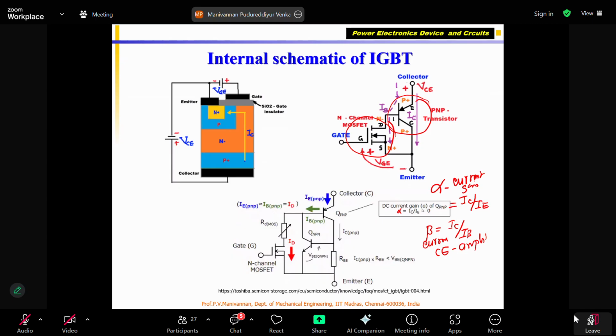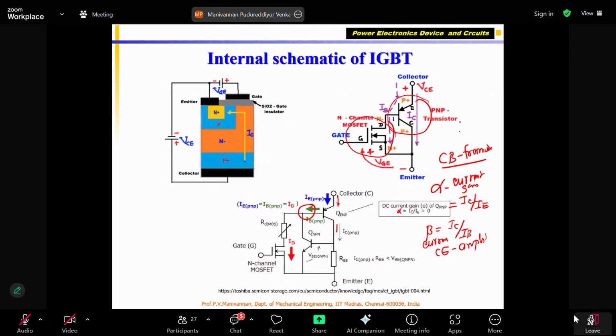So this is called common base, correct? The current is flowing here, coming out, the control input is given on the base. This is called a common base transistor. Don't worry about it. In a common base transistor, the gain is computed as IC divided by IE, where IC is collector current, IE is called emitter current.